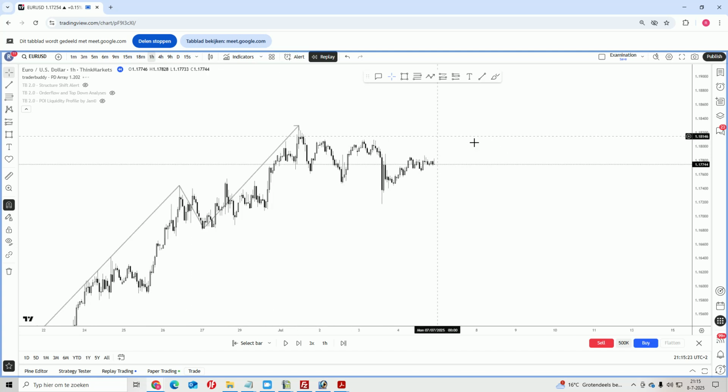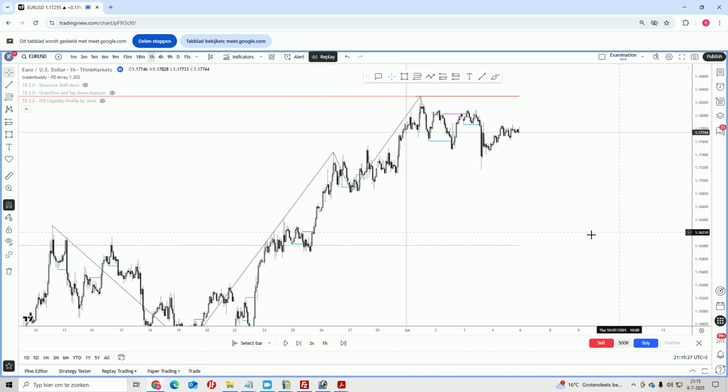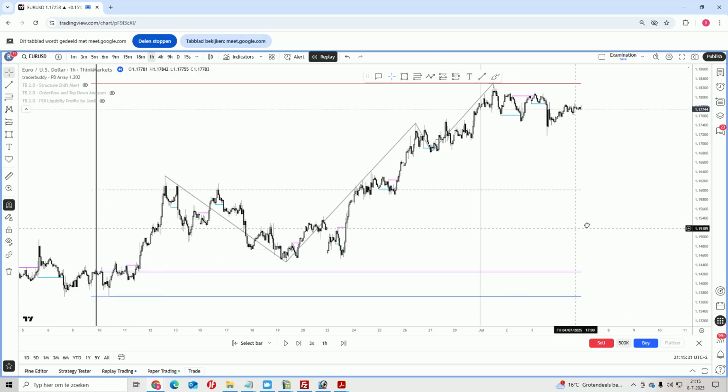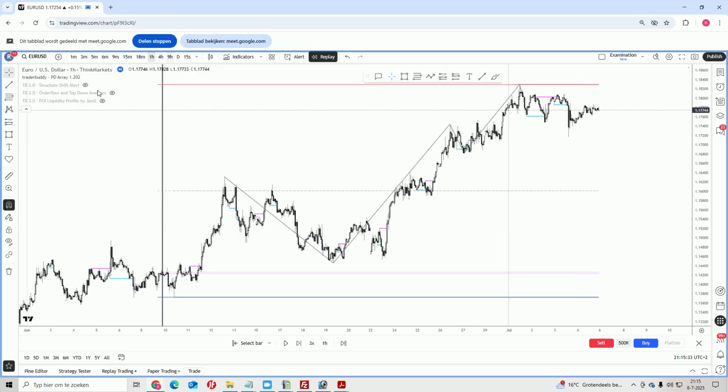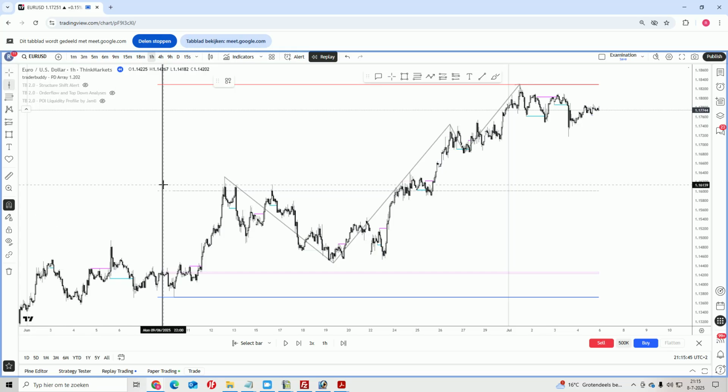So in the weekend, you mark off the structure on the H1, and the indicator also shows the look-back period for, in this case, the H1, because we are on the H1. So if I draw a vertical line here, then this is the look-back period for the H1.